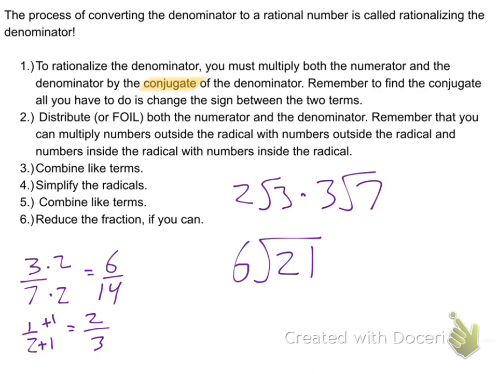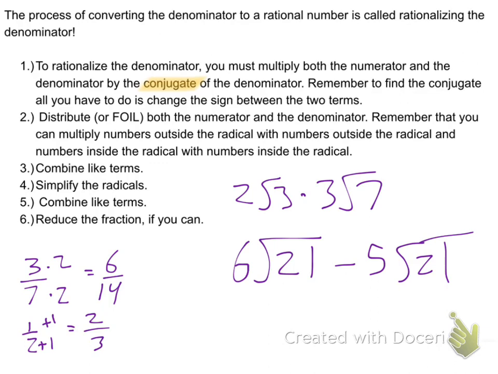Then I combine like terms. If I have 6 square root 21 minus 5 square root 21, what do I have? 1 square root 21. 6 of something minus 5 of something is 1 of something. You simplify your radicals. Take them to square root dances, cube root dances, whatever they are.